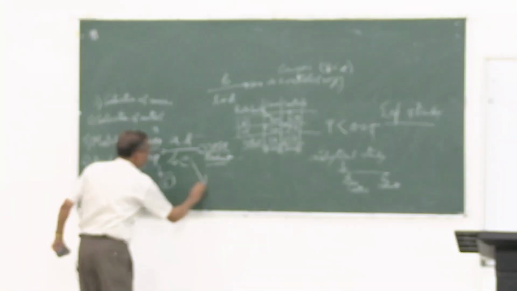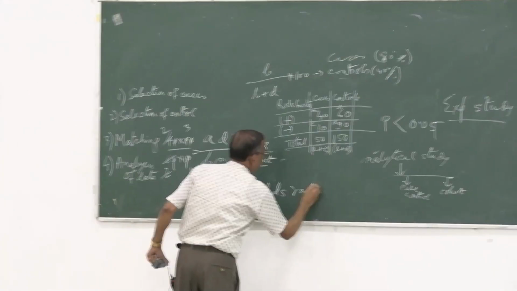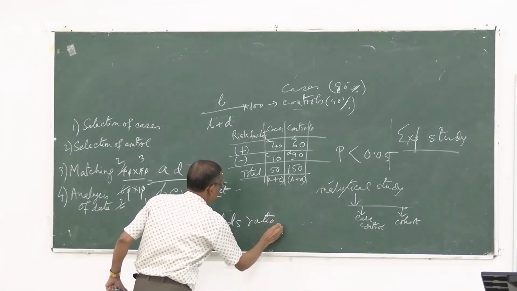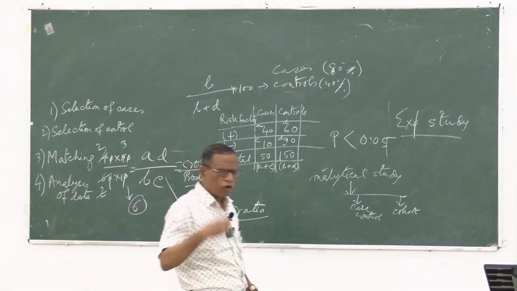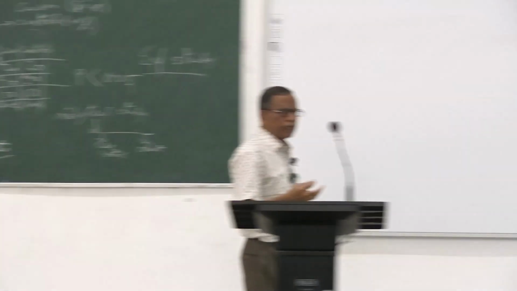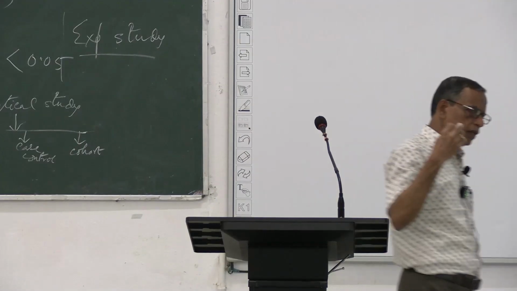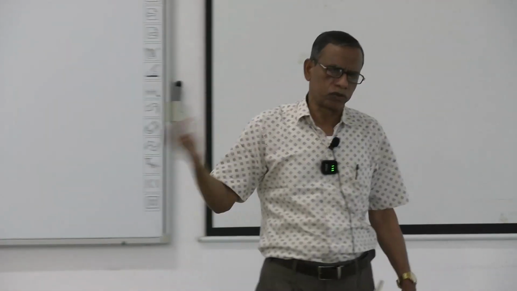AD by BC, it is the odds ratio. Odds ratio means odds of occurrence of disease among cases in comparison to odds of occurrence of disease among the control.